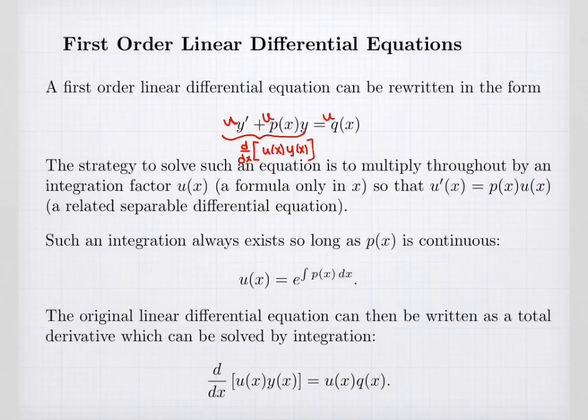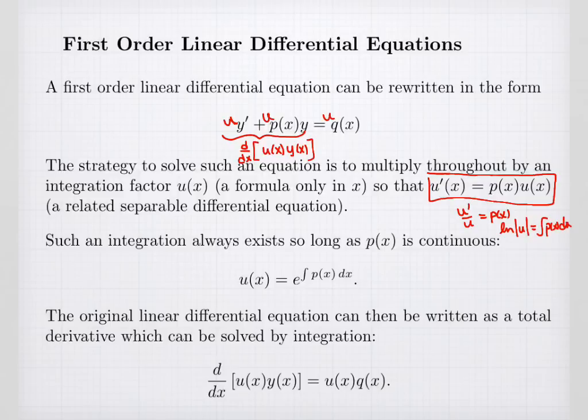This is always going to be possible if I solve for u as the exponential of an integral of our original p of x. So this is separable. If I take this equation, u prime over u equals p, then I can integrate both sides and I get the natural log of the absolute value of u is the integral of p of x.